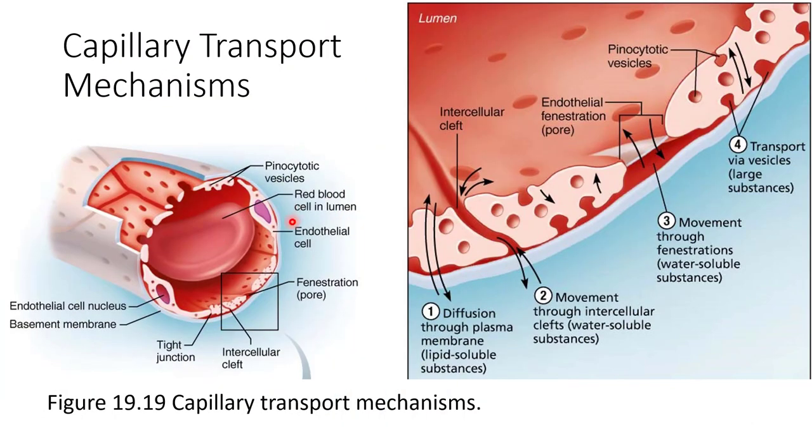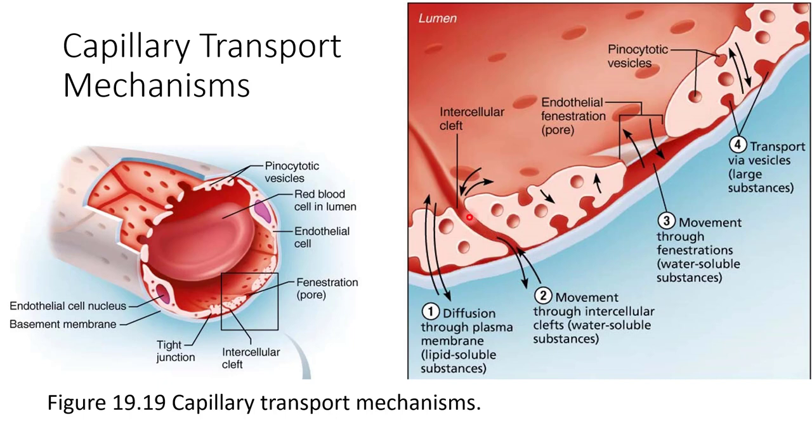And if you're going to take a look at this, this is your capillary. This is a regular capillary, and we enlarge this section right here. Take note of this section right here. So there are four ways by which transport is actually afforded along the capillary. Either they diffuse right through the plasma membrane, from an area of high to low concentration, or they could go through intercellular clefts.